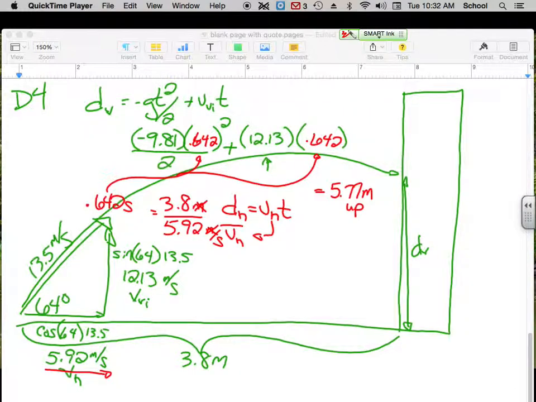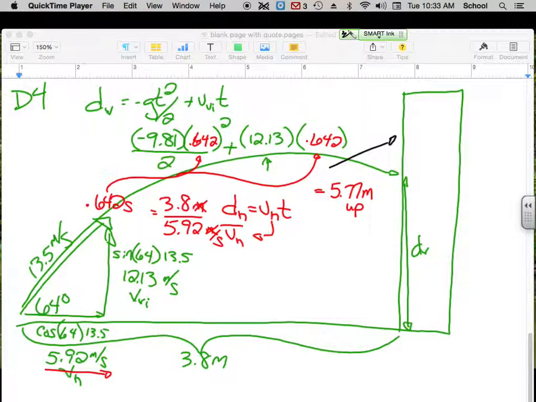Now we got to figure out at what angle and speed did it impact. Well, it's going to impact, and I don't know where it's impacting. I don't know, was it still going up when it hit, or is it coming down like I drew it in here? We can't tell just by staring at my funny drawing.